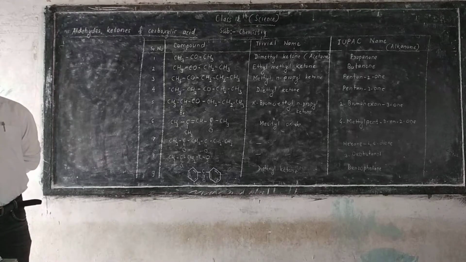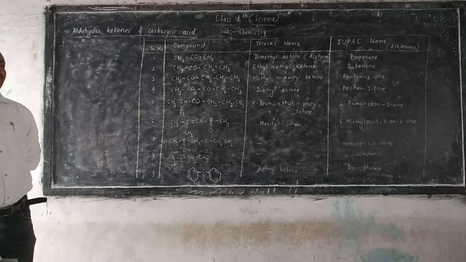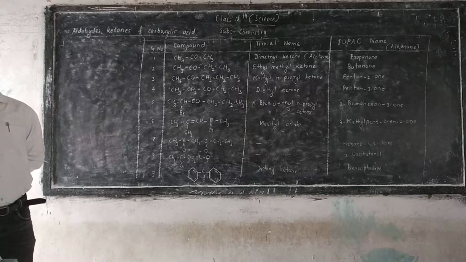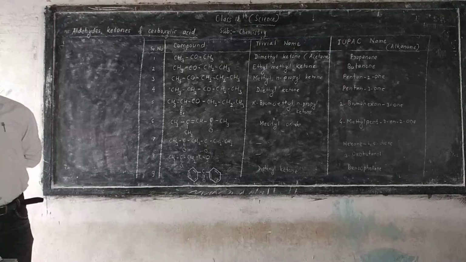In case of substituted aliphatic ketones, the position of the substituent is indicated by labeling the carbon serially as alpha, beta and gamma and so on.